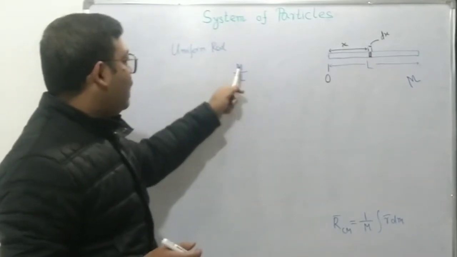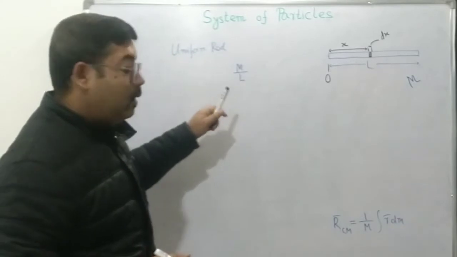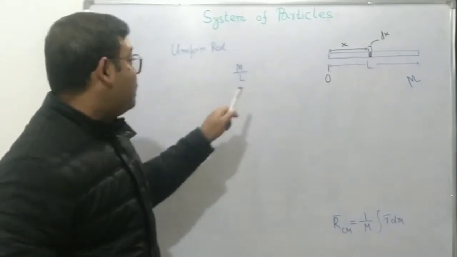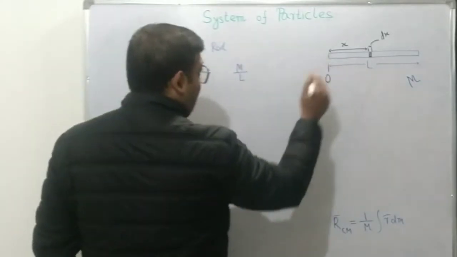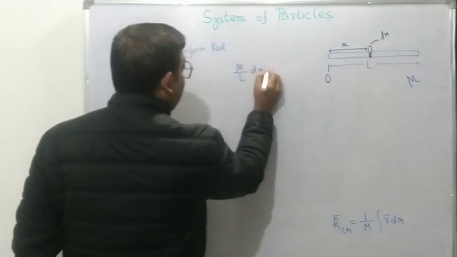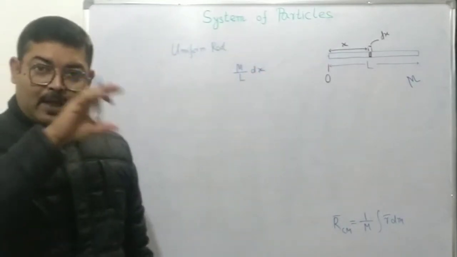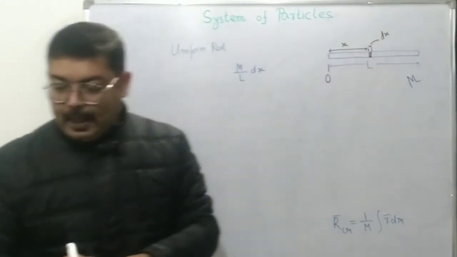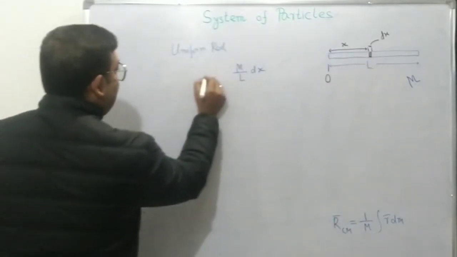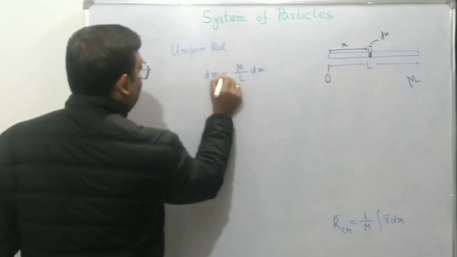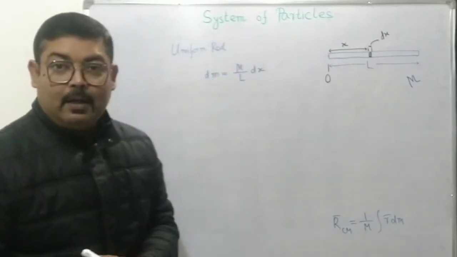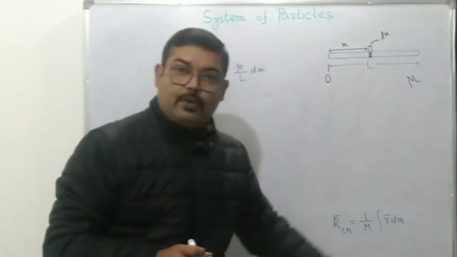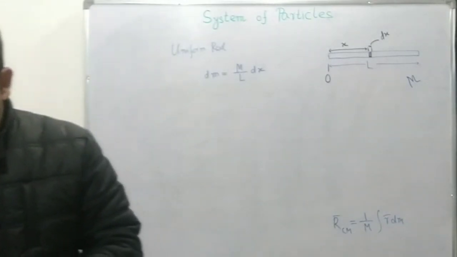If unit length of the rod has this mass, then the dx length will have mass equal to this: mass per unit length multiplied by the length of the element. Here the length of the element is dx. So let's call this dm, the small elemental mass that we needed to use this equation, right?